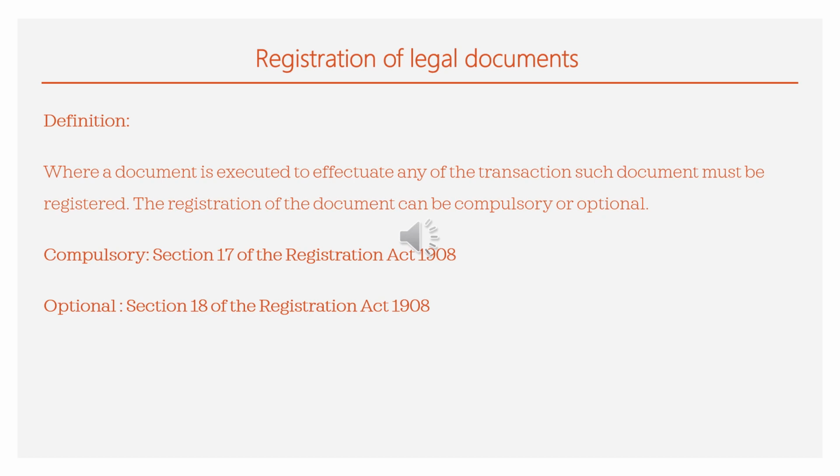Now, the registration of a document can be compulsory or optional. The law of registration deals with the registration procedure of documents of transfer of property and which documents are compulsory or optional for registration in the eye of law. That means if you are a party to some specific documents, you must be concerned and confirm the registration of the document. The documents are an instrument of gift of immovable property, will, lease of immovable property, etc. for compulsory registration.